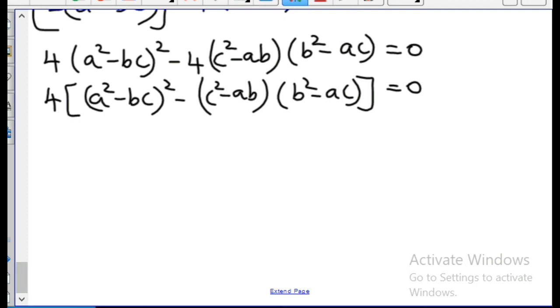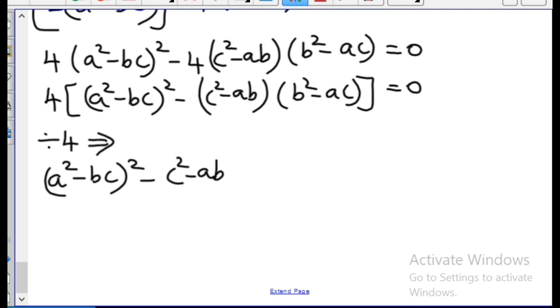Now expand this, or we can take it as dividing by 4. So here a square minus bc whole square will give 3 terms, c square minus ab 2 terms, b square minus ac 2 terms, so 2 into 2 is 4. So write the terms carefully.